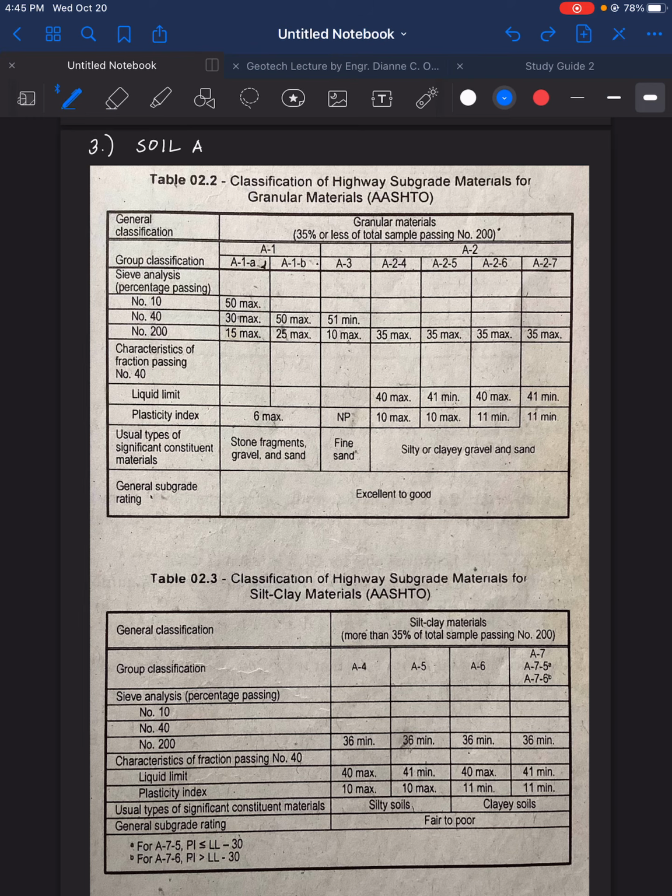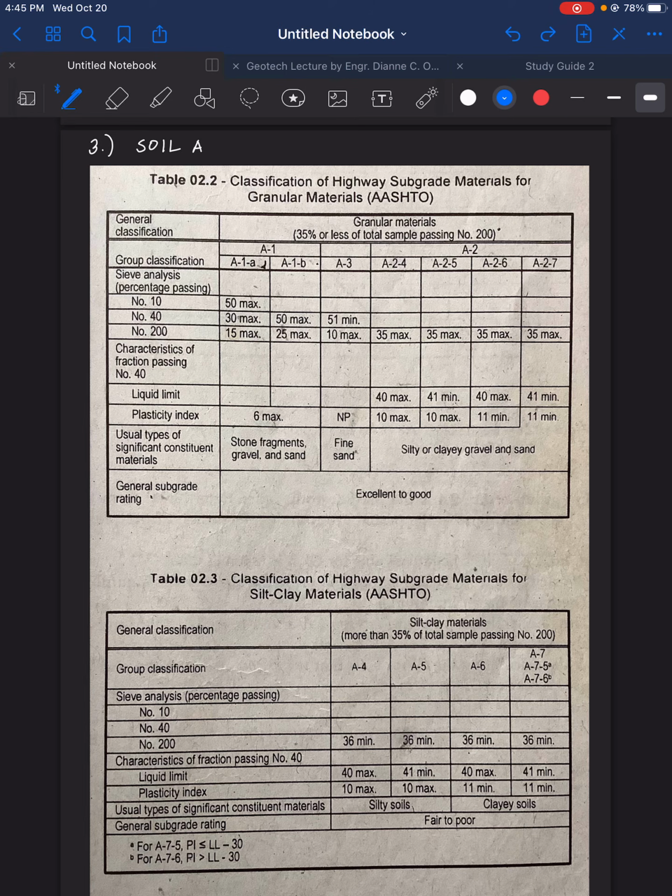Therefore, we are to choose the granular because 35% or less. So 4% is here. 4% is included there.